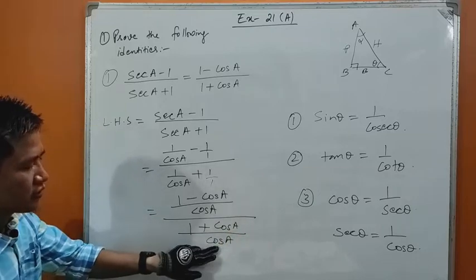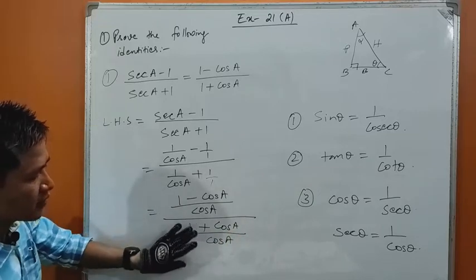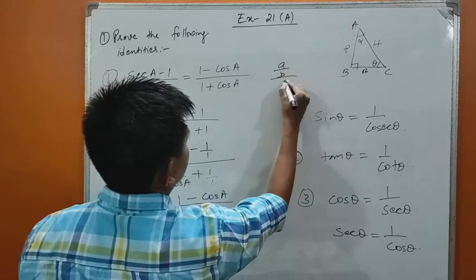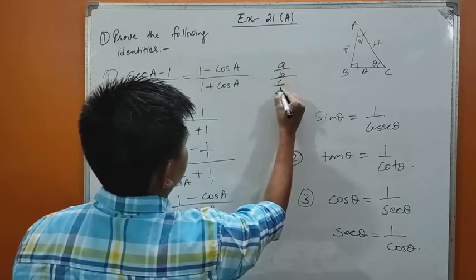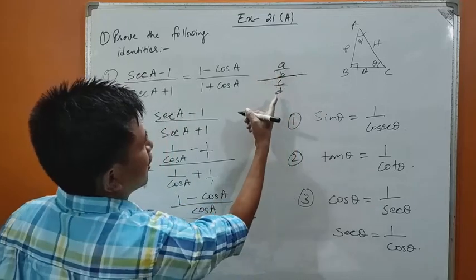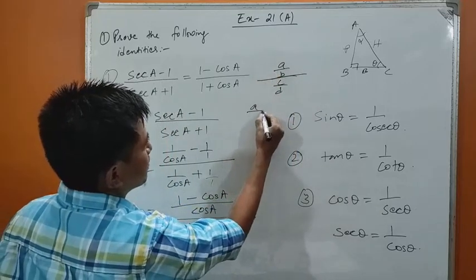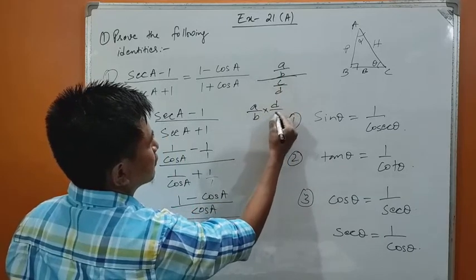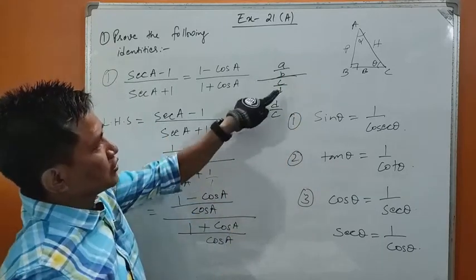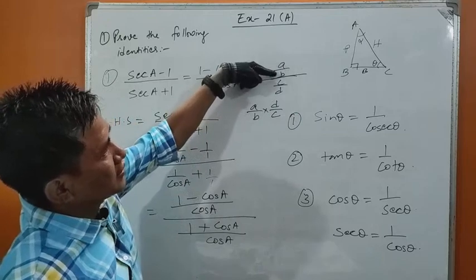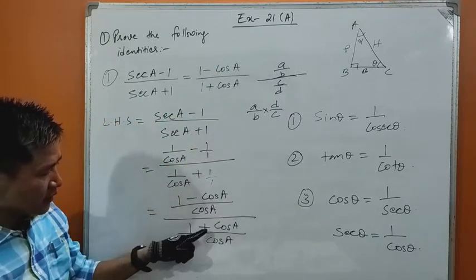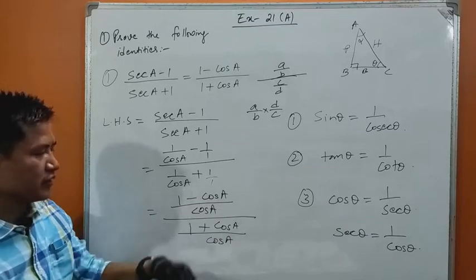So this cos a and this cos a can be cancelled, because suppose I write a by b upon c by d, what happens is a by b into this d goes to the numerator and c comes down to the denominator. So cos a goes to the numerator and 1 plus cos a remains in the denominator.